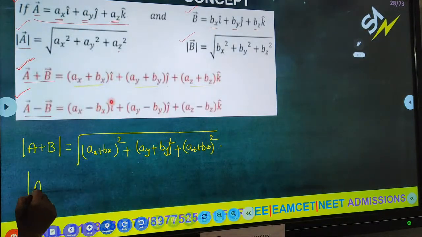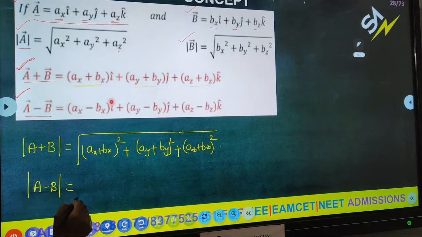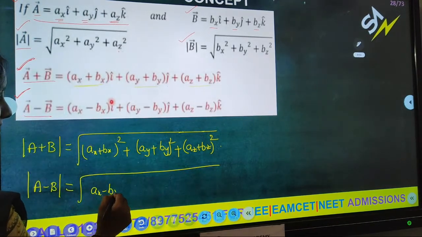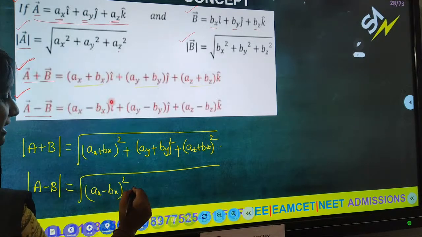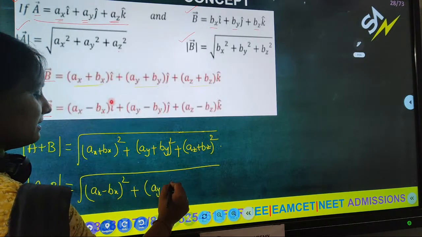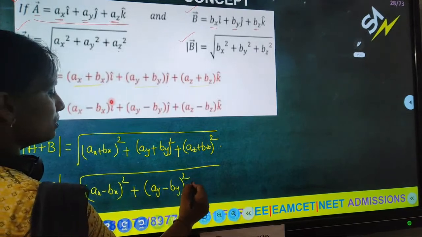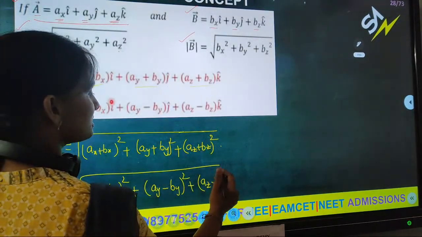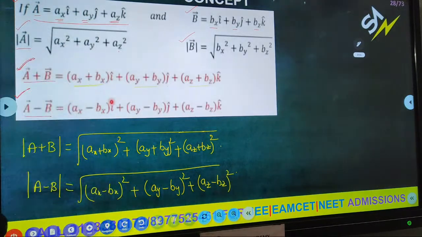Similarly, for subtraction of vectors, ax minus bx whole square plus ay minus by whole square plus az minus bz whole square.